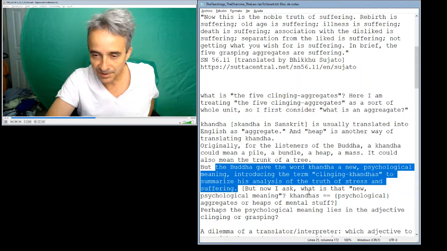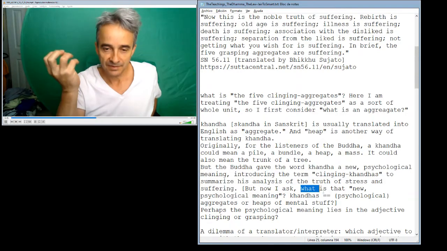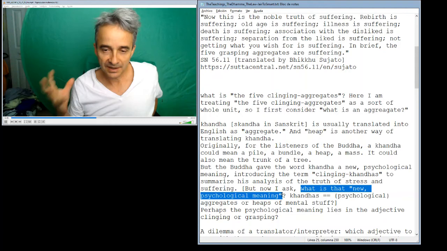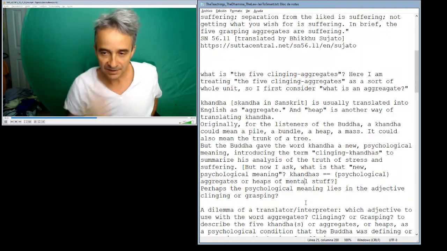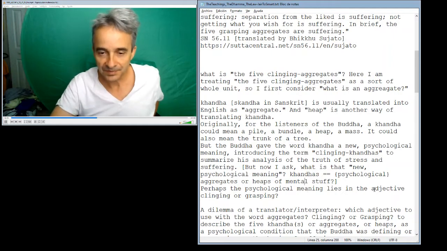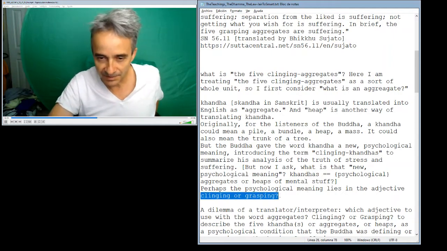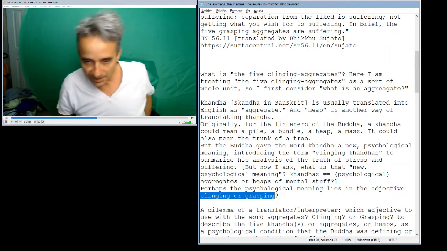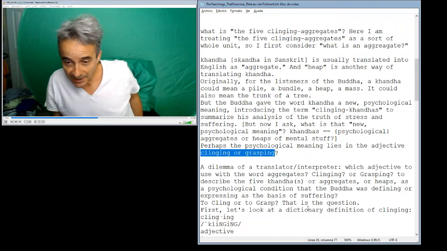What was the new meaning? Khandhas, aggregates. Maybe they're aggregates that form our psychology. I don't know. I'll have to read up where I got this information to make sure I understand it correctly. So, which adjective to use?